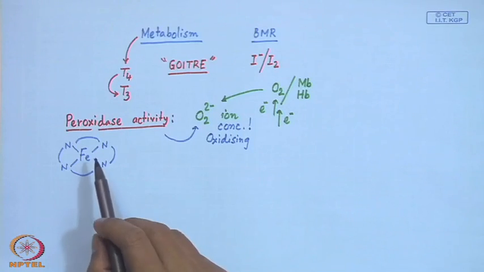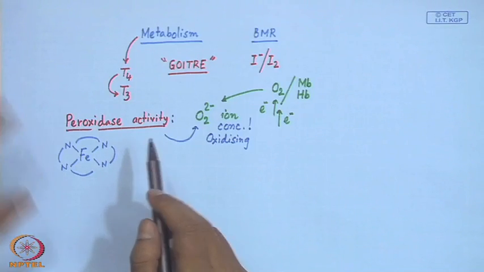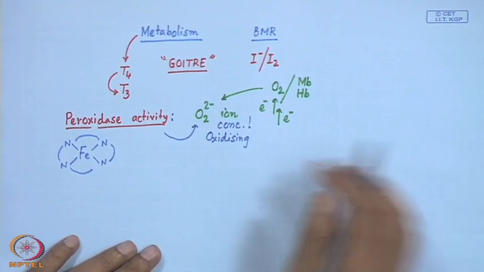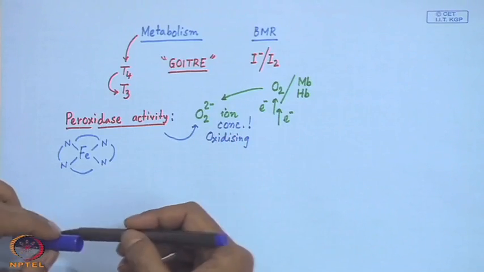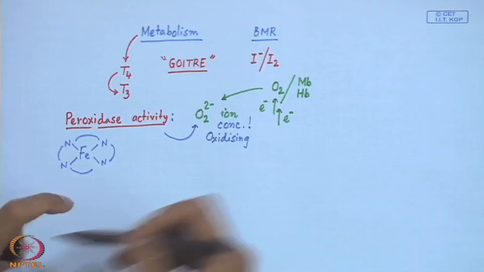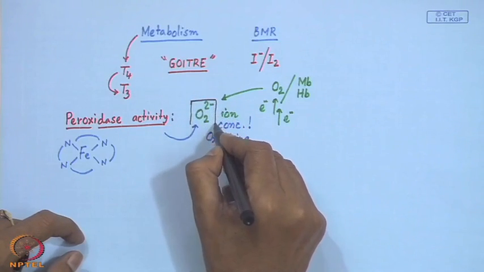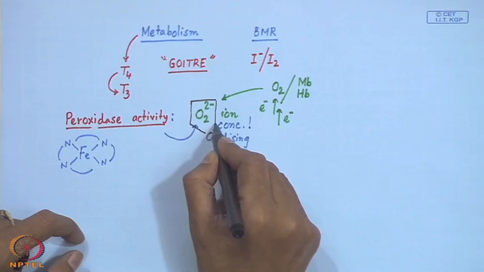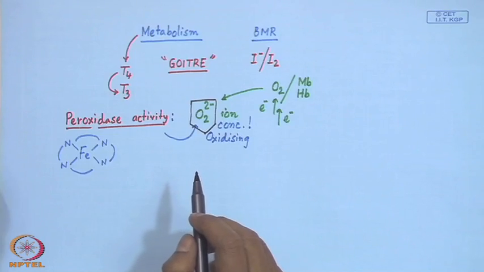So, this iron-centered peroxidase activity was known to us, and we have studied it earlier. This activity is very much required for the destruction of peroxide ion, so it is a very important pathway.